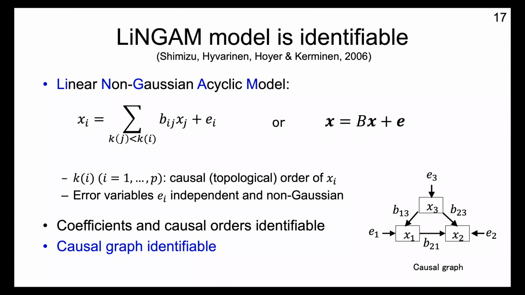Then we have shown that the coefficients b_ij and the causal order k are identifiable in this model. We can draw the causal graph based on the zero/non-zero pattern of the coefficients B. So the causal graph is identifiable in the LiNGAM model.